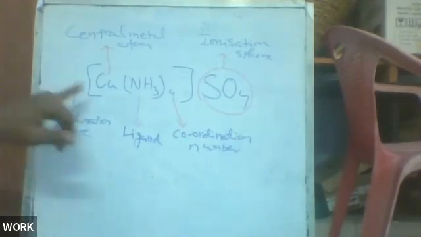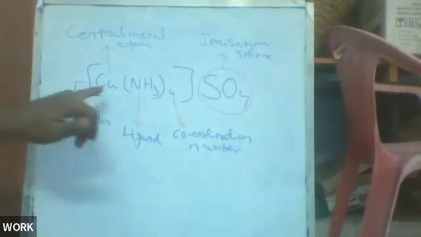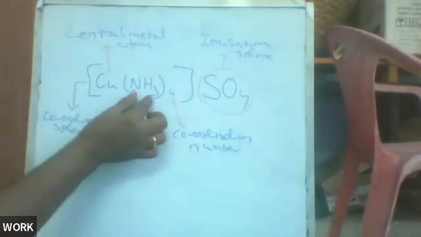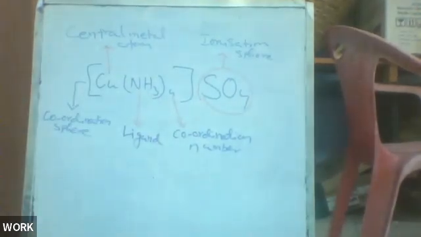We have to calculate the oxidation state of copper, because copper can be +1 or +2. So what is the exact oxidation number? You know that the ligand may be negatively charged or it may be neutral.